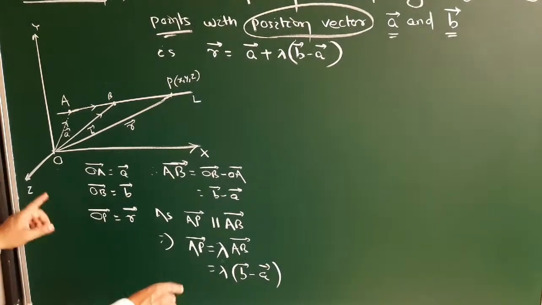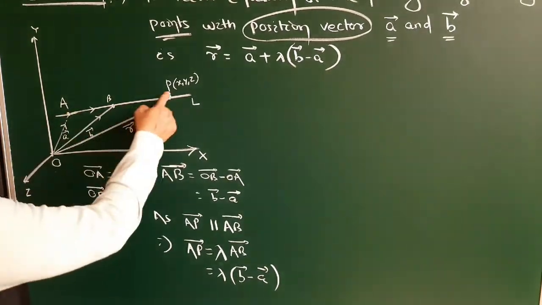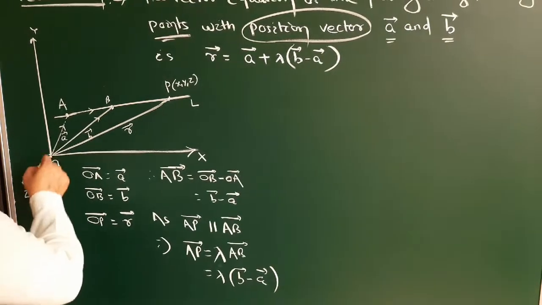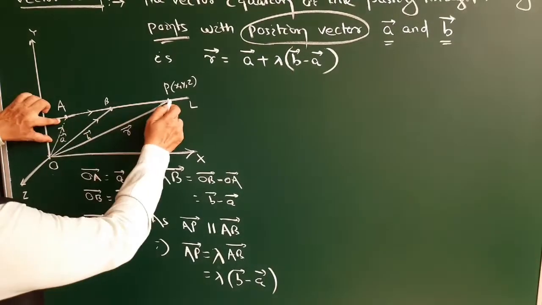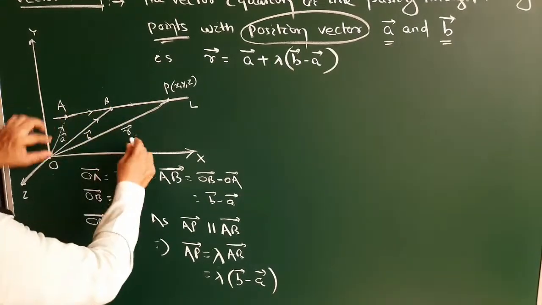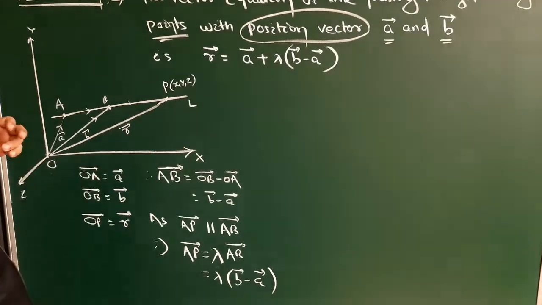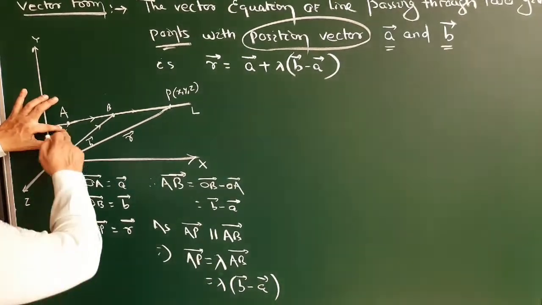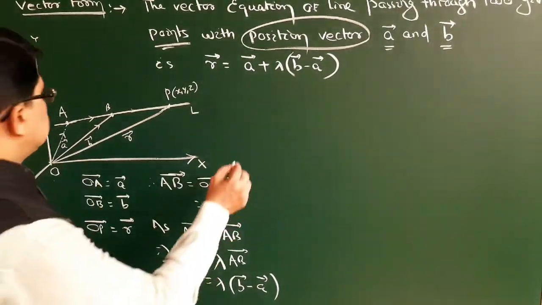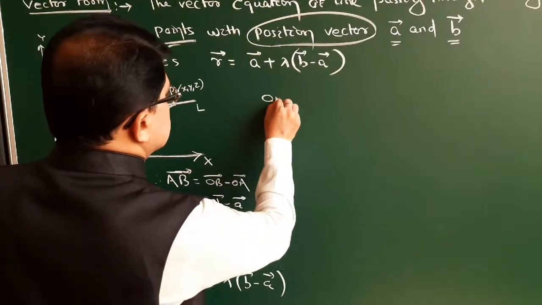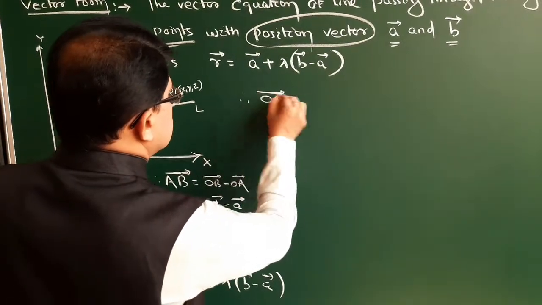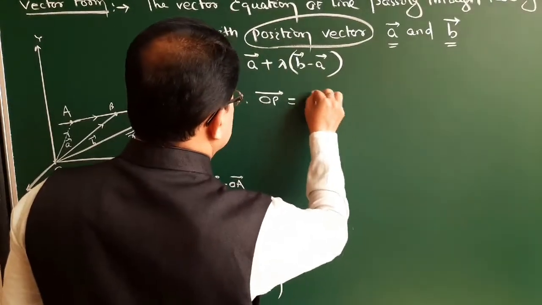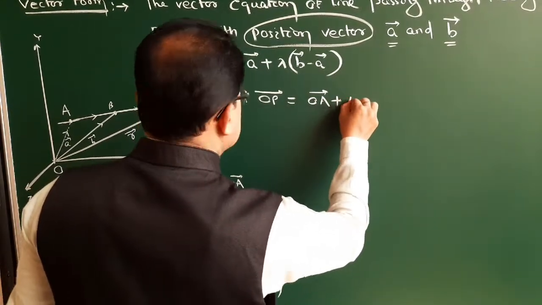Understood or not? Clear? Now consider this triangle OAP. In this case, the directions of OA and AP are the same. So what about this OP vector? No doubt OP vector is equal to the sum of OA vector plus AP vector.